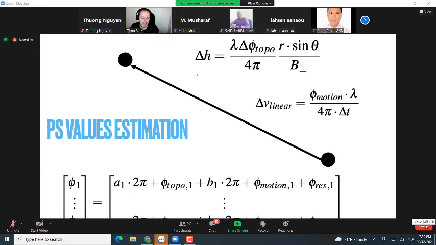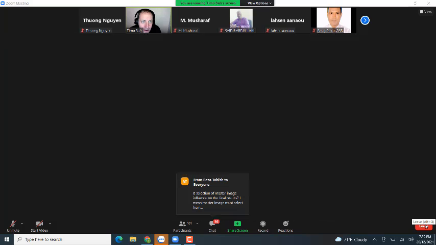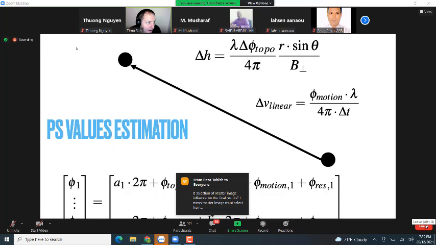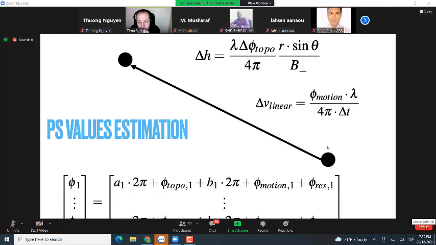Let me explain it in step one. So now what we're doing: we are looking at PS points. We're not looking at images anymore; we're looking at points, a point cloud.